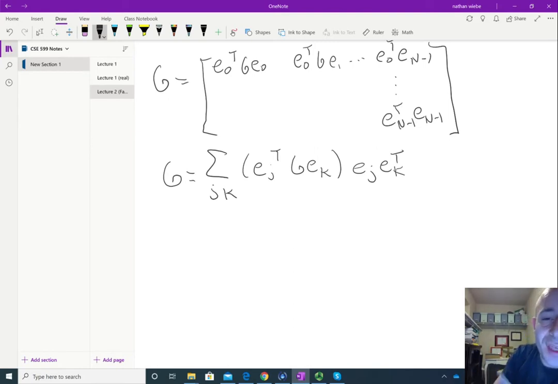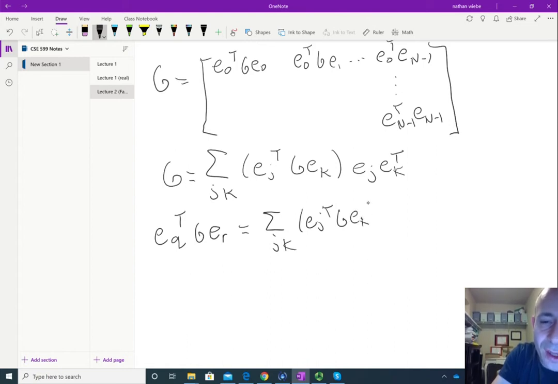Now, you can see immediately that if we end up, say, taking EQ transpose G ER over here, then what we'll end up getting is that this is equal to the sum over J and K of EJ transpose G EK, just like before.